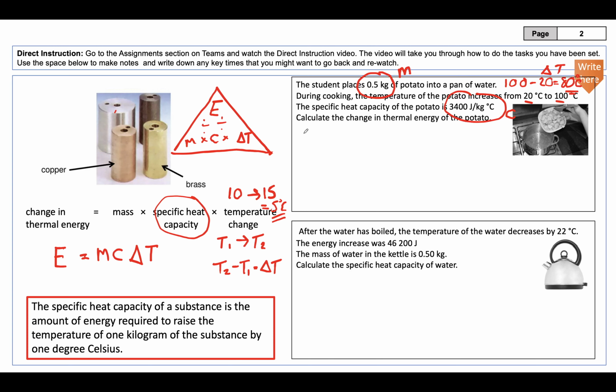So as always, we must write the equation every time. Mass times specific heat capacity times the change in temperature. The mass was 0.5. The specific heat capacity we've been given here is 3,400.